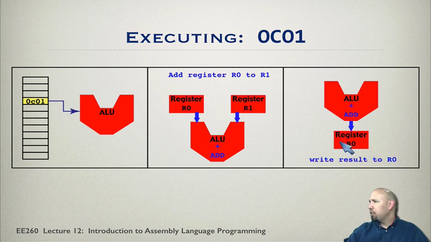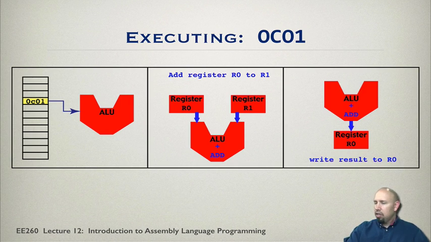So when it adds, it puts the result in register 0. So it knows that it's going to take these 2. Notice it takes register 0, register 1, adds them, puts the result back in register 0. So register 0 is now changed. Register 1 actually remains unchanged. So that's the kind of thing that happens. And each instruction follows a very similar process.